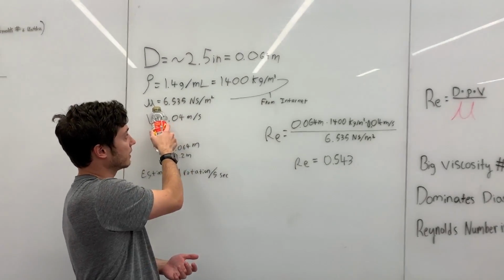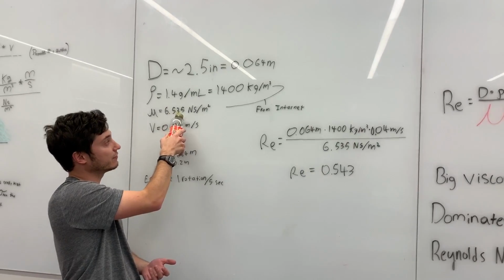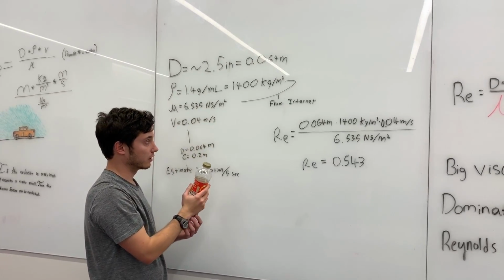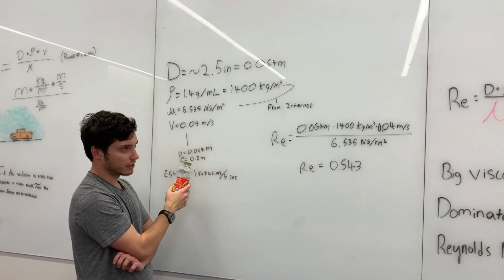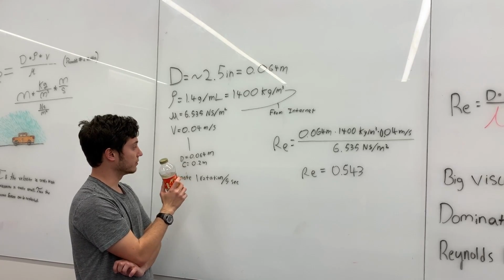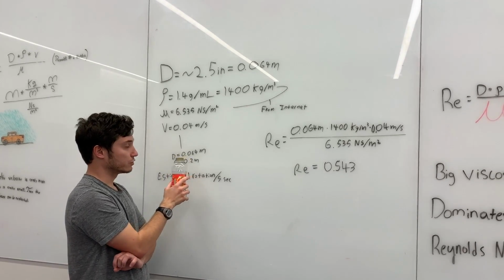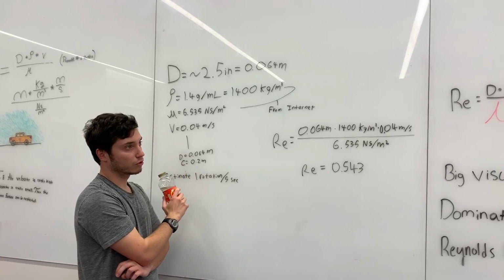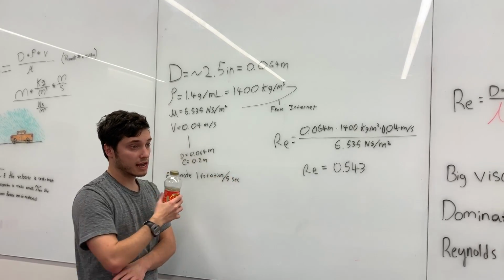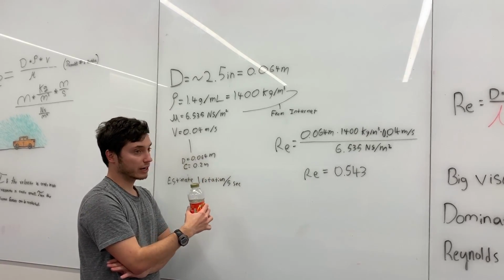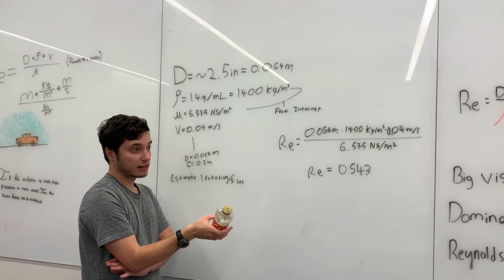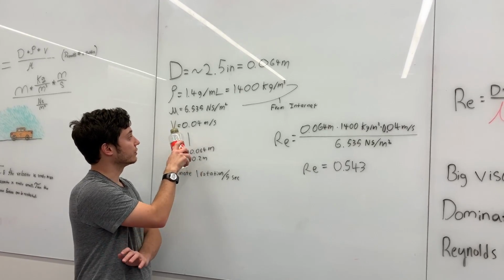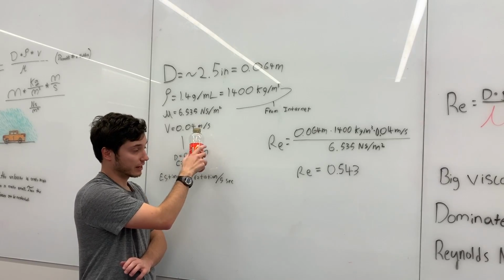The viscosity is 6.535 newton seconds per meter squared. The velocity we can estimate because we know the diameter, so we can judge the circumference. If we stir at a rate of 1 rotation every 5 seconds, we will get a velocity of 0.04 meters per second.